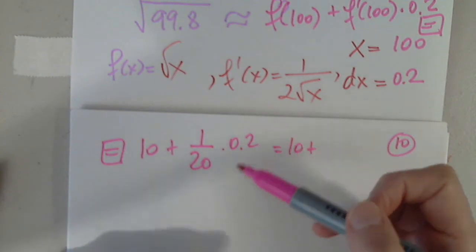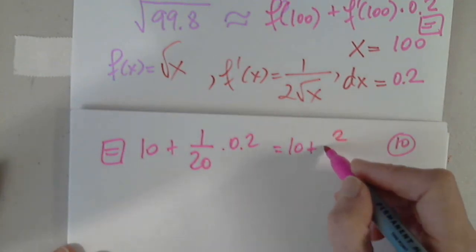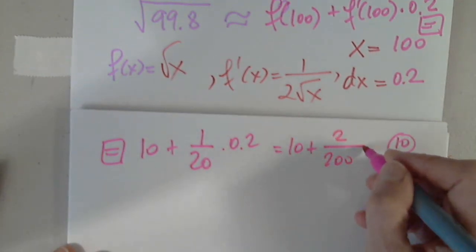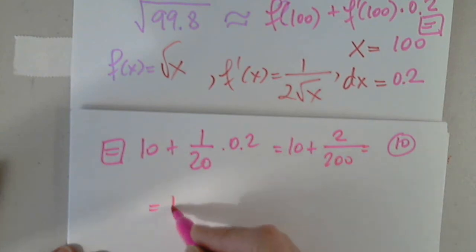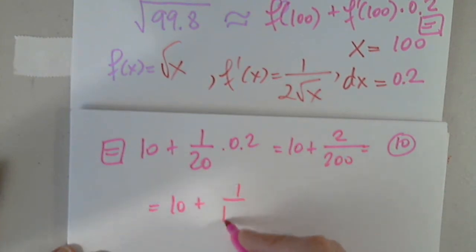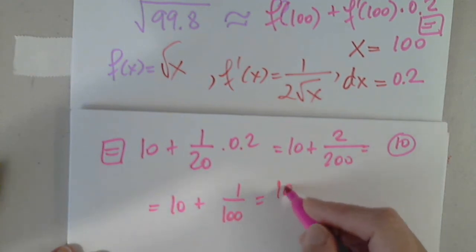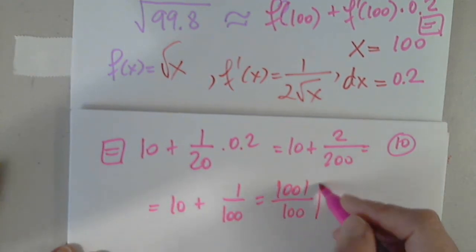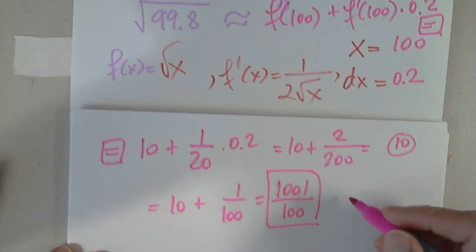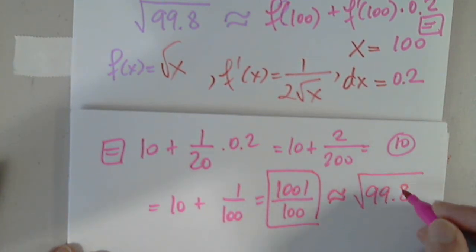First of all, I'll multiply the top and the bottom by 10 to eliminate decimal numbers. Then I'll simplify by 2. So this is 1 over 100. So this is 1,000 plus 1, 1,001 over 100. You had no idea that this is approximately the square root of 99.8.